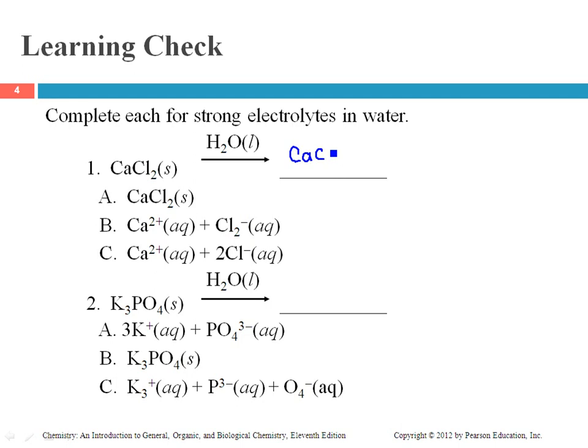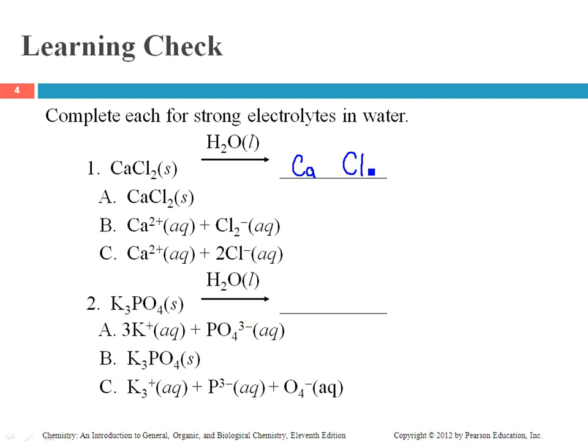We've got calcium chloride, and we want to write out what it's going to dissociate into. If we know it's a strong electrolyte, then we know we're going to produce calcium and chloride.